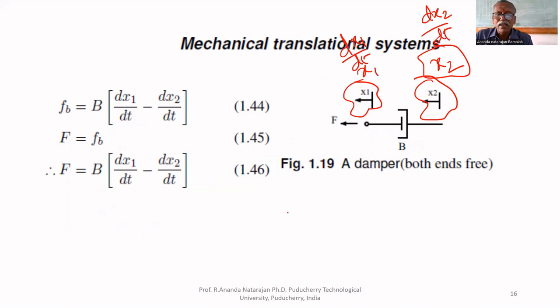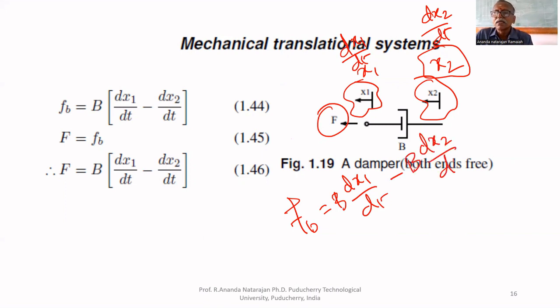Therefore, the reaction force because of the applied force F, by Newton's third law, is FB equal to B dx1 by dt minus, same direction, that's why minus B dx2 by dt.